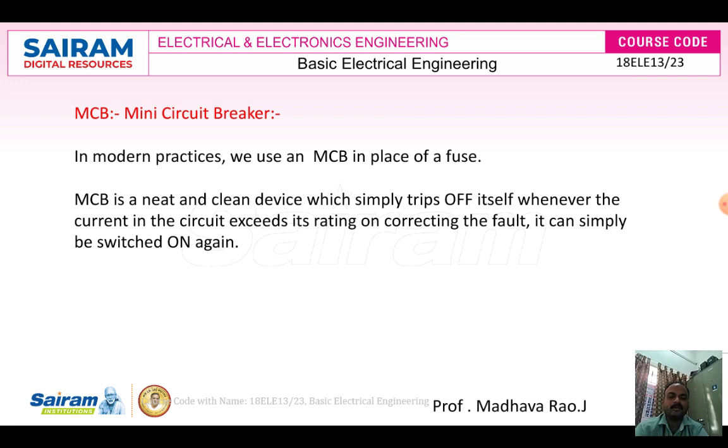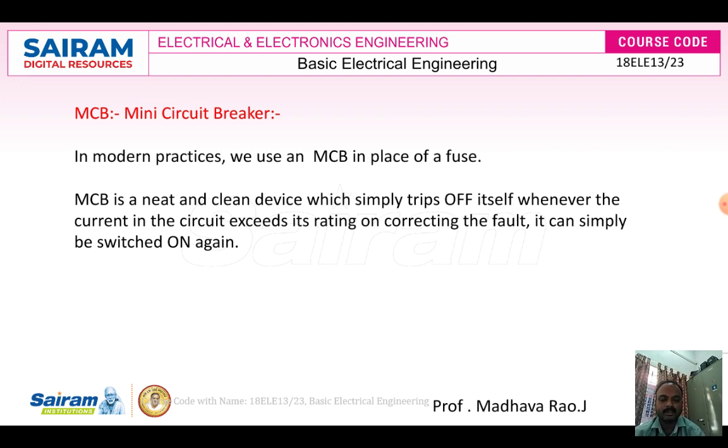But if a fuse melts or breaks, we need to take a wire and replace it. That is a disadvantage of the fuse. Whenever fire hazards increase, the entire home appliances may get damaged. Whenever current exceeds and the fuse cannot break, your home appliances will get damaged.